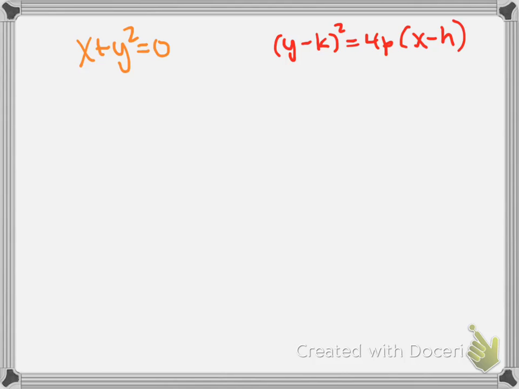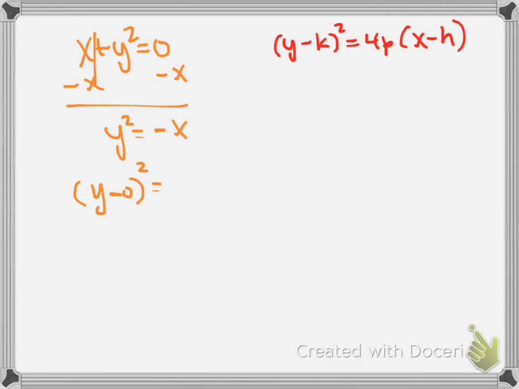So in order to do this, I'm going to move this x over to the other side. And that gives me y squared equals negative x. And you see that I do not have an h and k, so I could rewrite this as y minus 0 squared equals negative 1 times x minus 0.